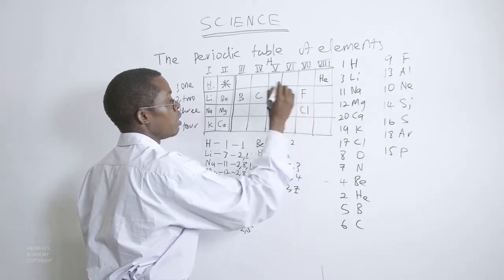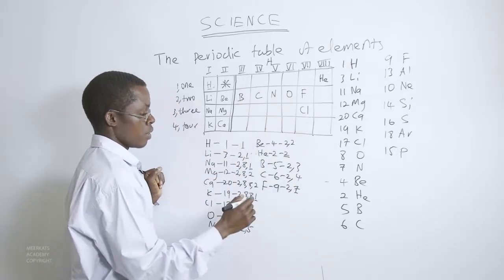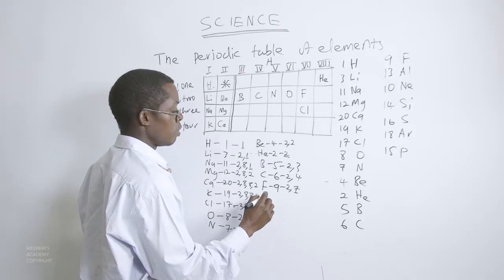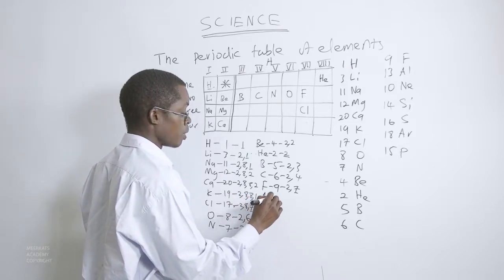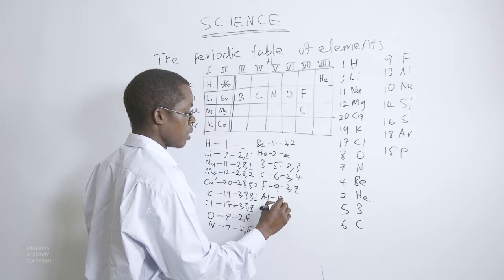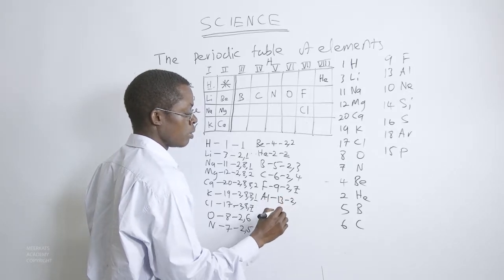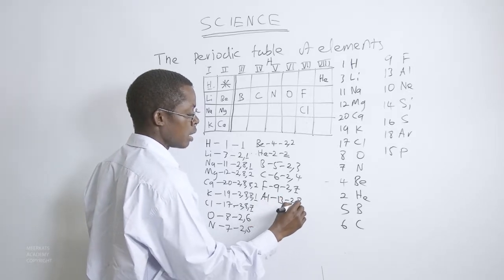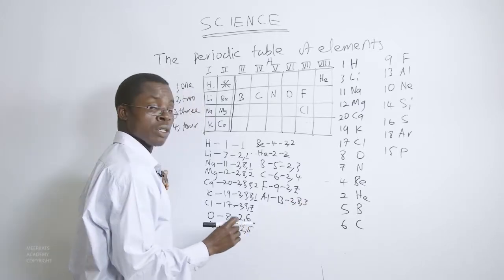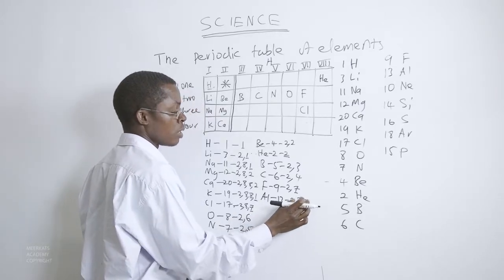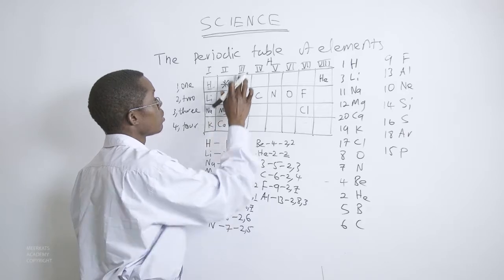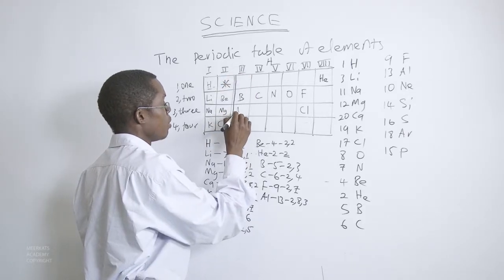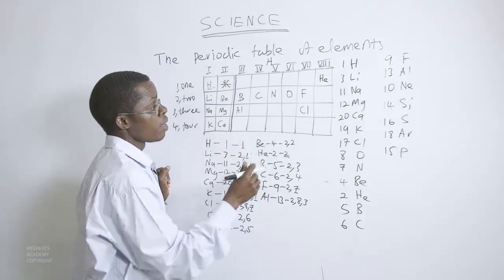So here we have our fluorine. Then we move to aluminium, which is 13, giving us 2, 8, that is 10, remaining 3. Total 3 energy levels, 3 outermost. So here we have our aluminium.